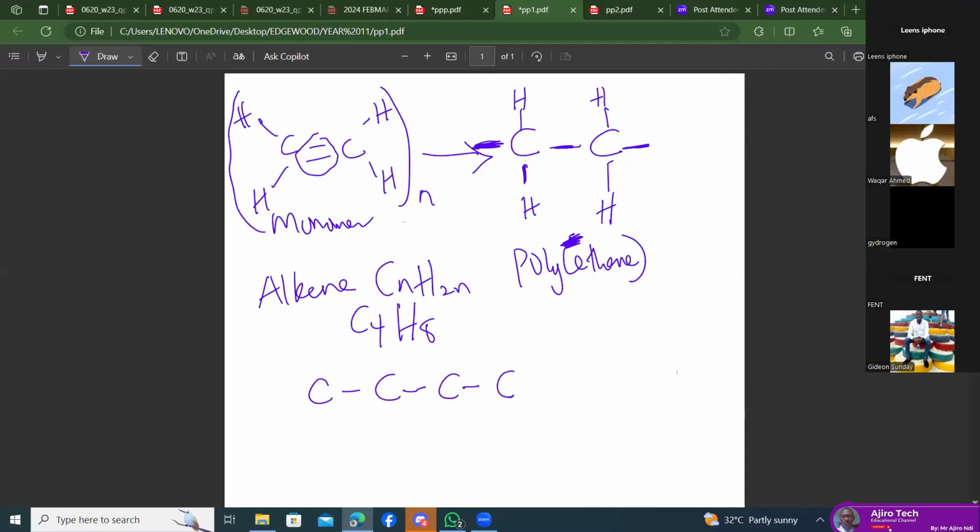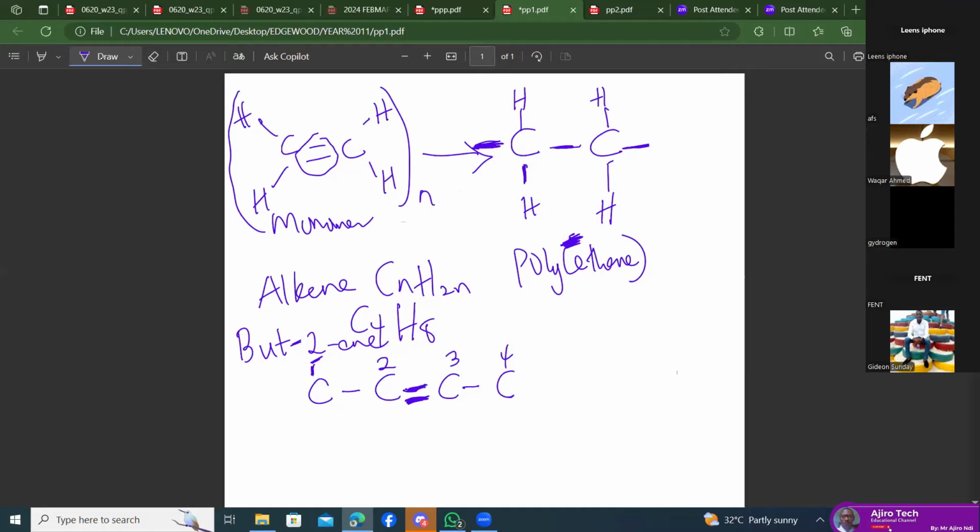I remember that the double bond is on the second carbon. It has a position 2. If you number forward, 1, 2, 3, 4, position 2 is going to be here.